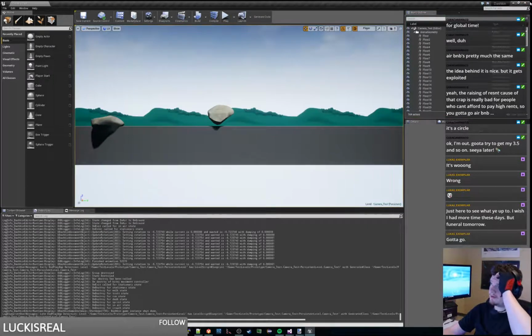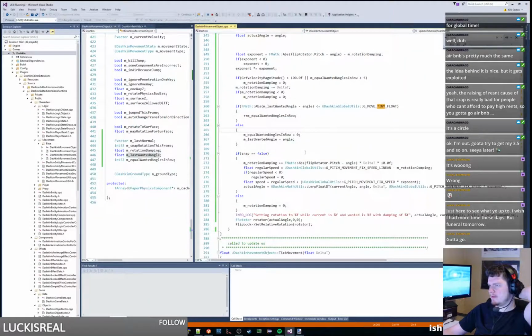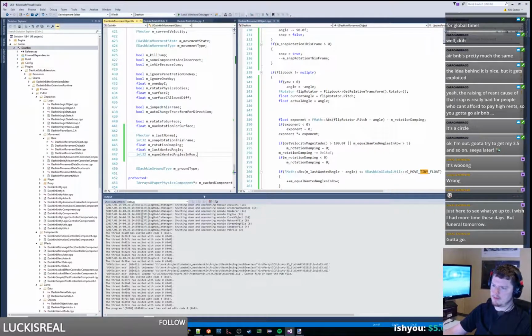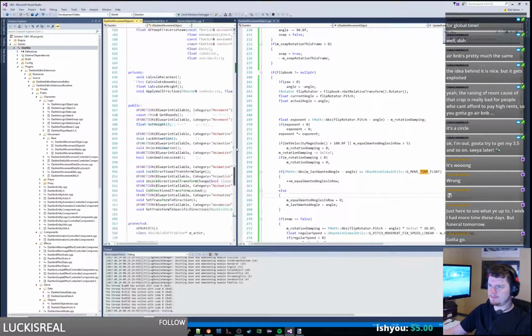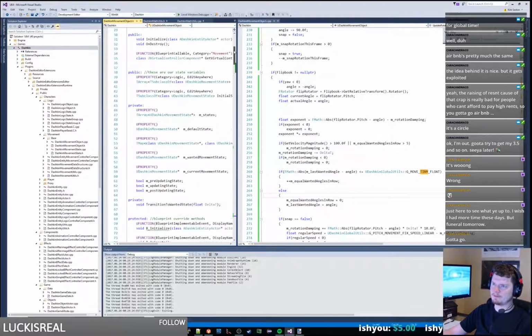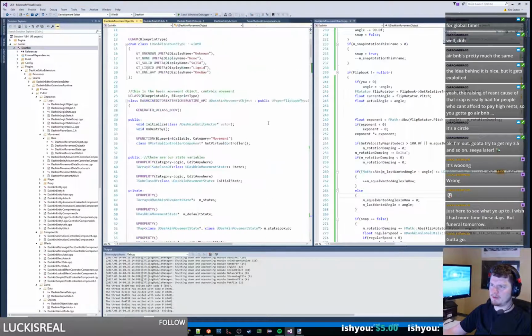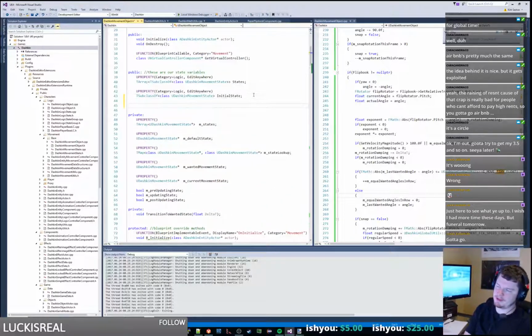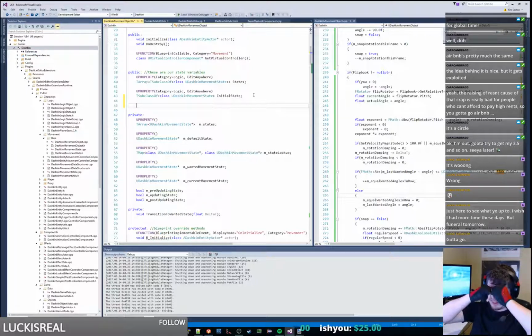Alright, so what we're going to want to do is clean this code up a bit. And the other thing we want to do is set the max angle that we can actually be at. So we want a U property here, which is going to be public, which is our max angle that will rotate. So float max pitch, max ground rotation.